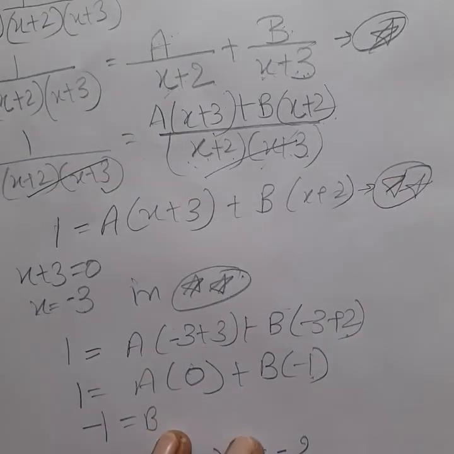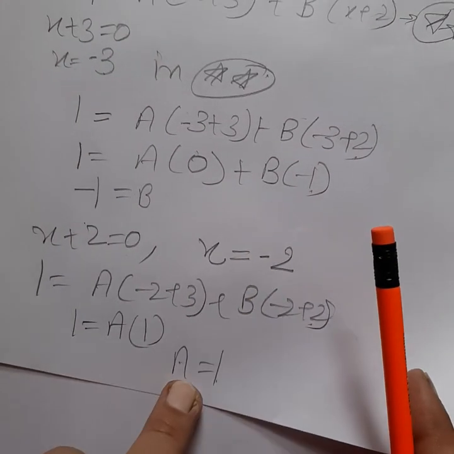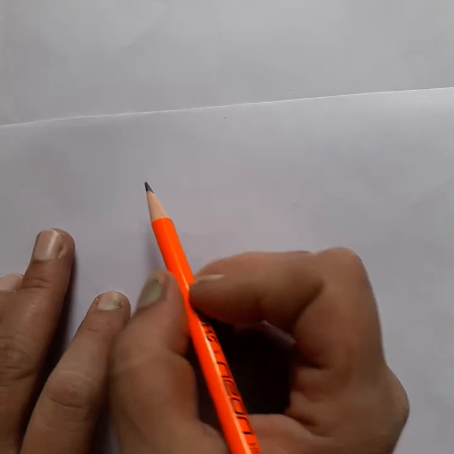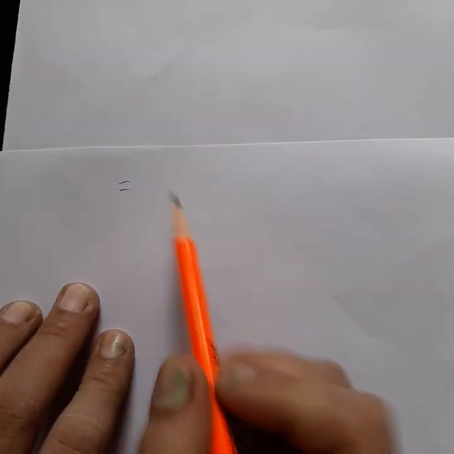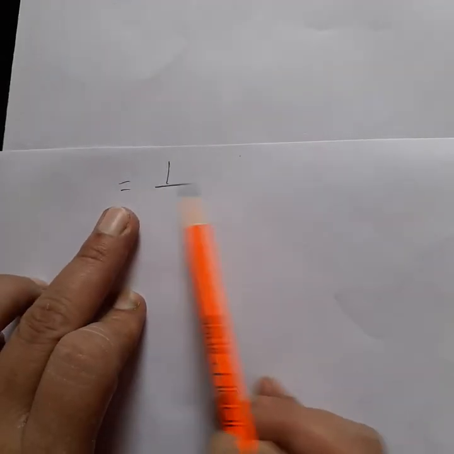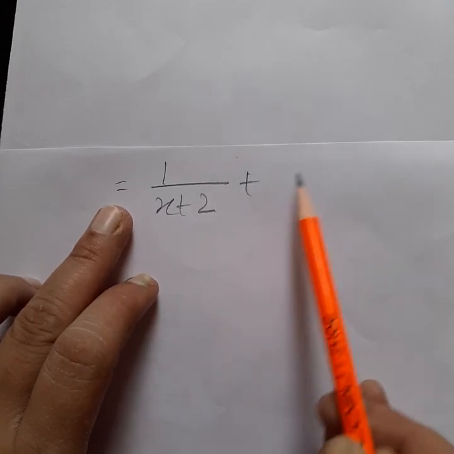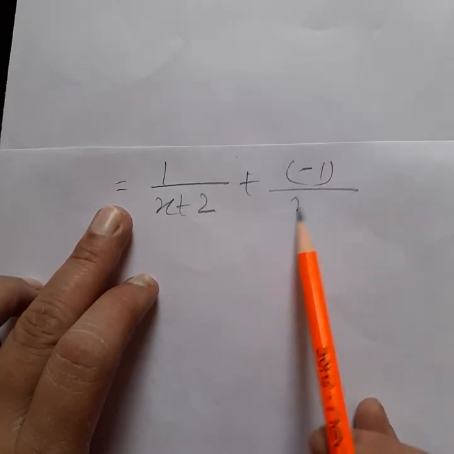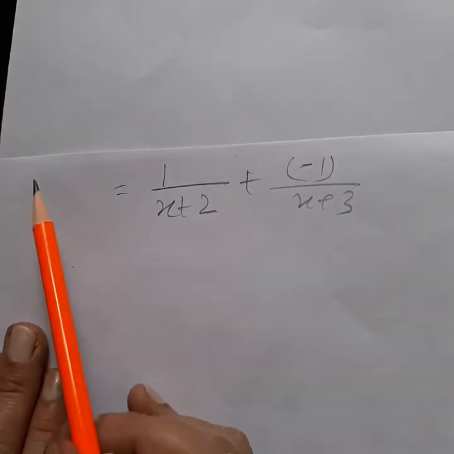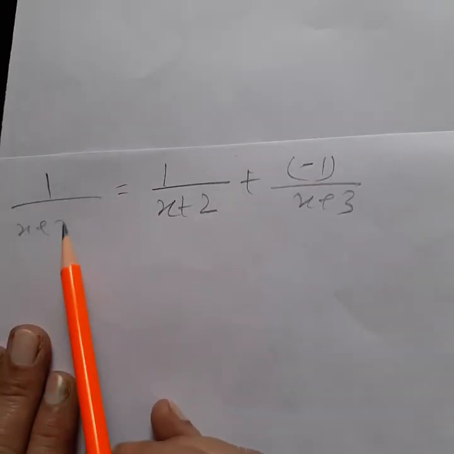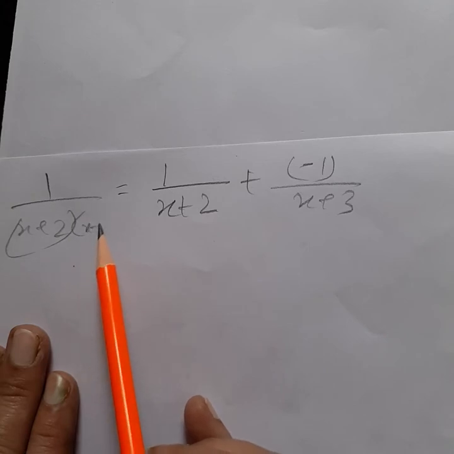After finding these values, we put them in equation star. The value of a is 1 and b is minus 1, so we write it in this way: in the place of a we write 1 over x plus 2, and in the place of b we write 1 over x plus 3, and on the left side we have this type of equation.